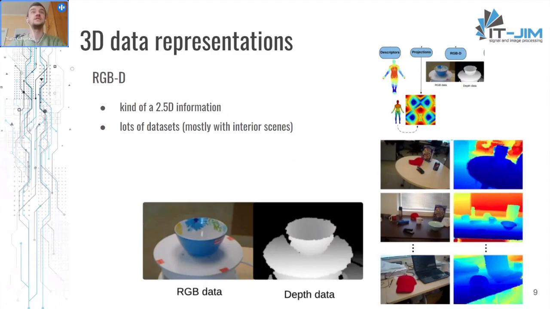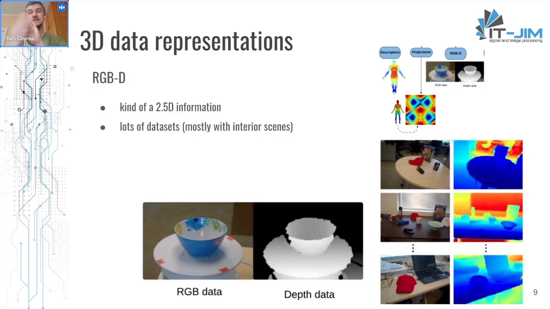One more representation, as I said, is RGB-D image. So that's some kind of mixed 2.5 dimensions, because it is still a two-dimensional image, only a single image, and we add some part of depth, one more dimension, by injection of depth.